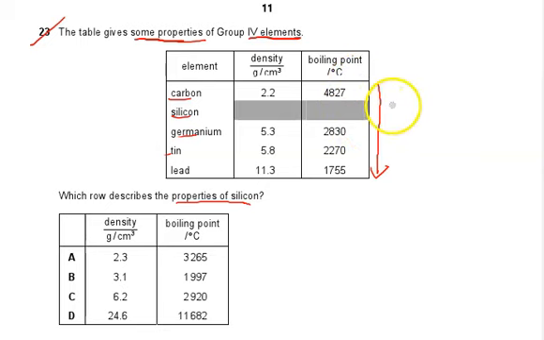So here it should be roughly about 3000 something. And the density is getting bigger, so here it should be roughly about 3 to 4 grams per centimeter cubed.